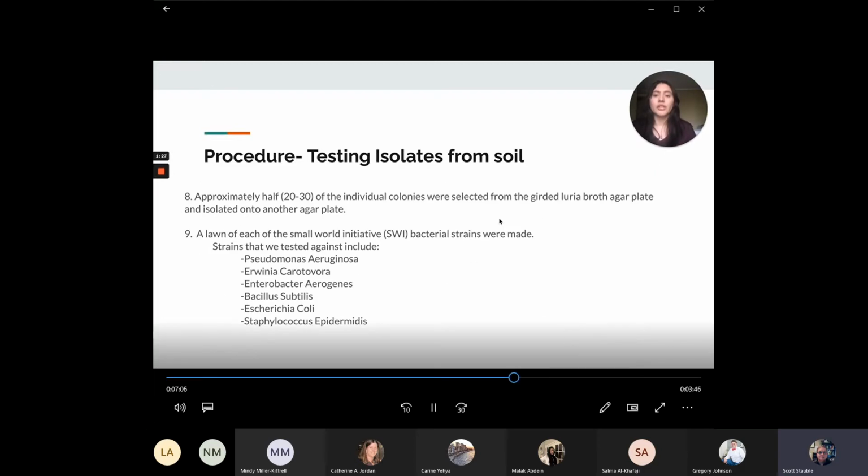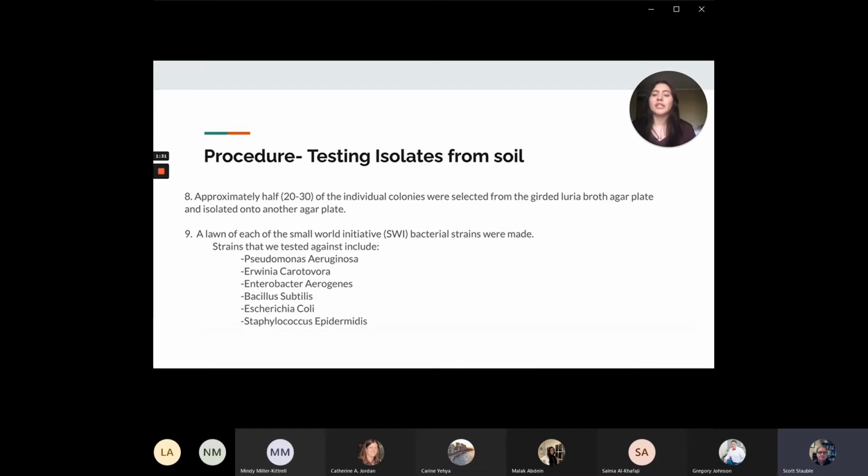After this, we reduced the amount of colonies that we were going to test against to around 20 to 30 different individual colonies that we then selected and placed onto a gridded Luria broth agar plate and isolated into that separate agar plate.